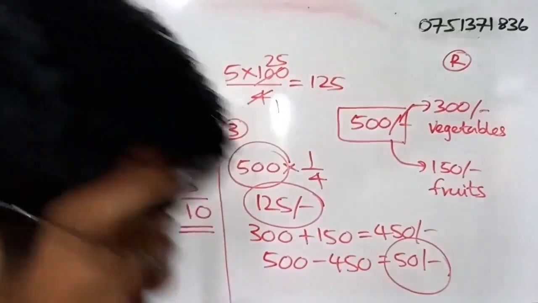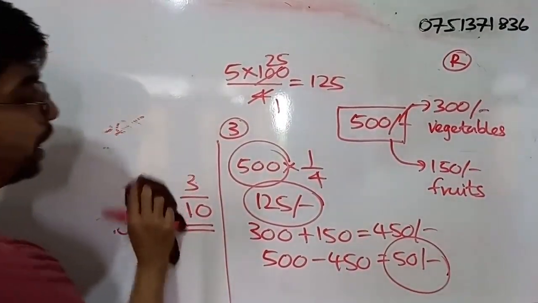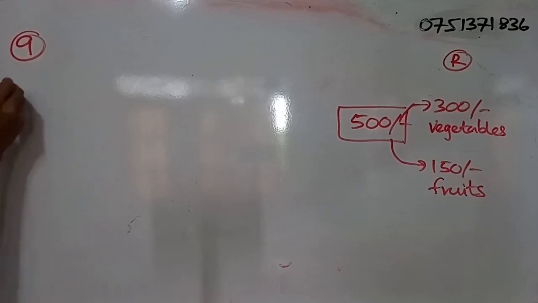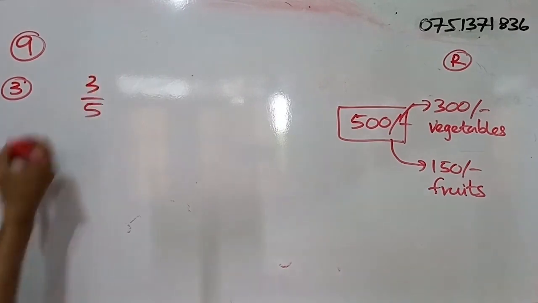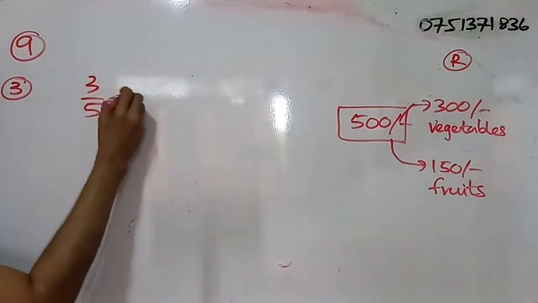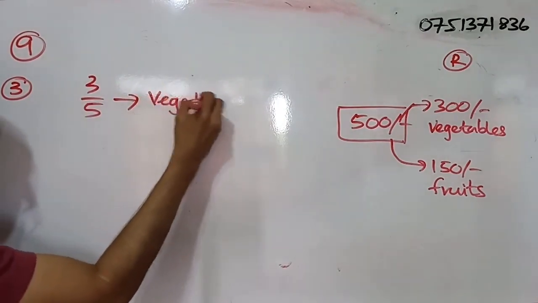Right. So when we think about the third part of this question, there's another way of coming up with the answer. So this is part 3. So there's another method. We know that she spent 3/5 of the money that she took to the market for vegetables.